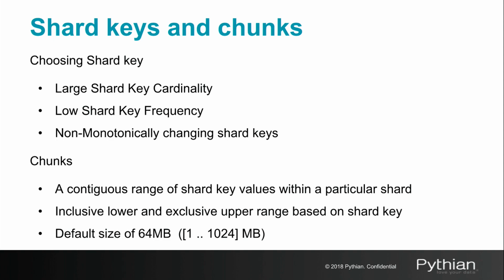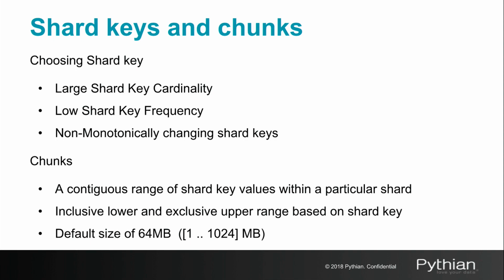Additionally, the shard key should have low shard key frequency, which means that if you have shard key values between 1 and 1000, there shouldn't be many documents having the value of 100, or that will represent a shard key with high key frequency.